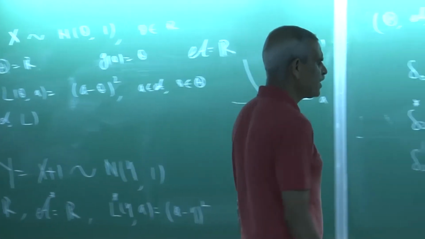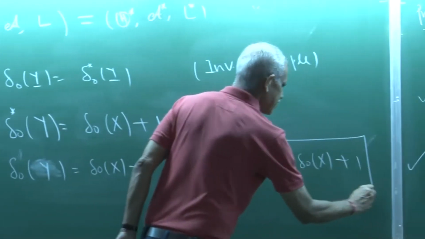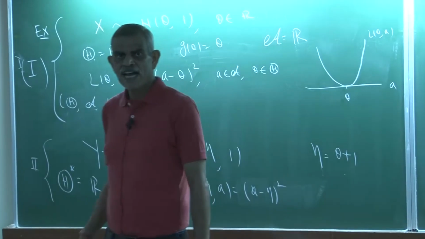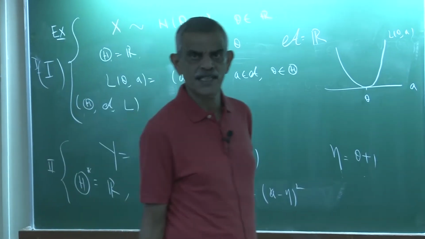So my estimator should be such that it satisfies this. There was nothing very special about x plus 1 over here. I could have chosen x plus c for any constant c.